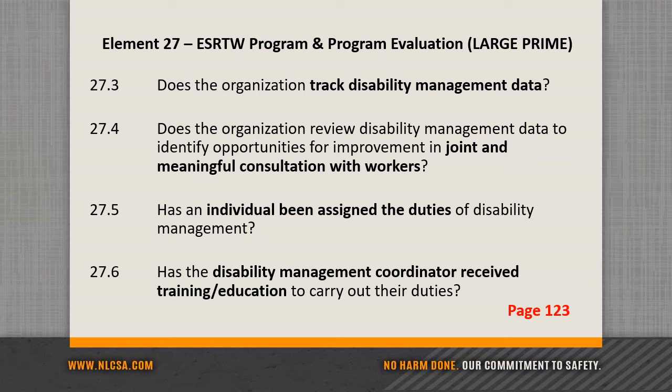This would also include trend analysis of injury data, such as what body part was injured, the cause of the injury, the time of injury, that sort of thing. So if there's been no injuries, look for a written process which identifies the data that will be tracked as part of the Early Safe Return to Work programme.